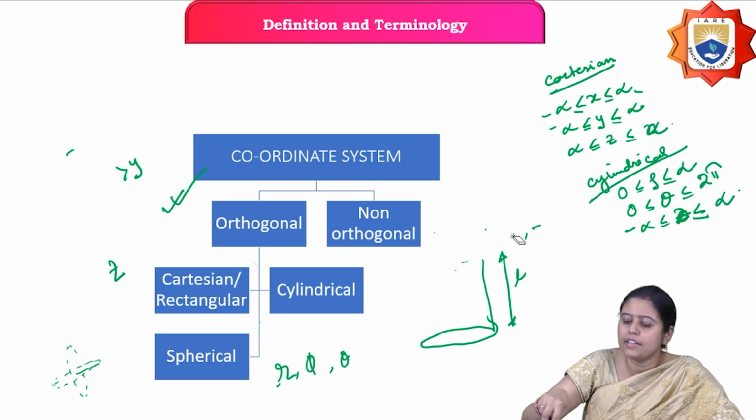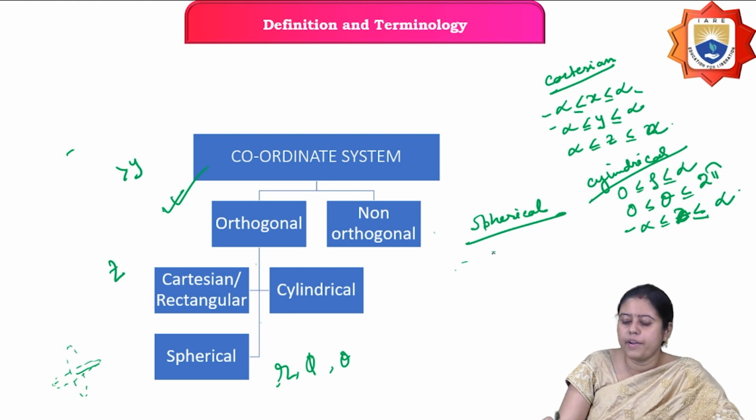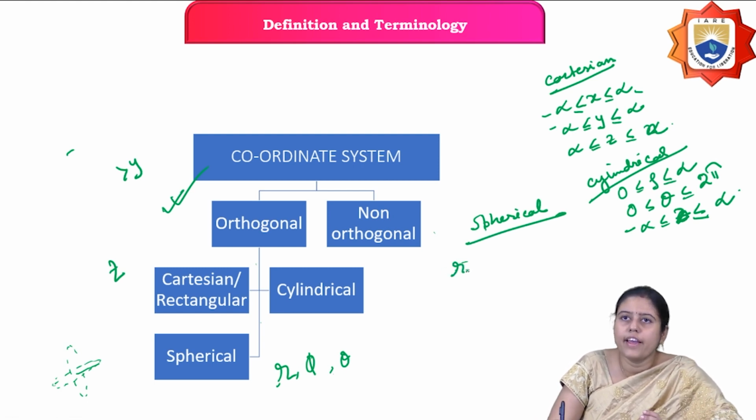For the spherical system, we have r, theta, and phi. Again, radius cannot be negative, so radius value is 0 to infinity.